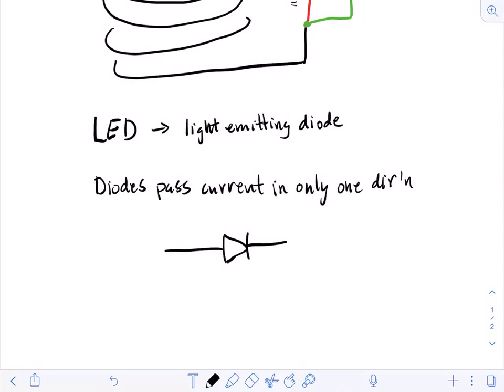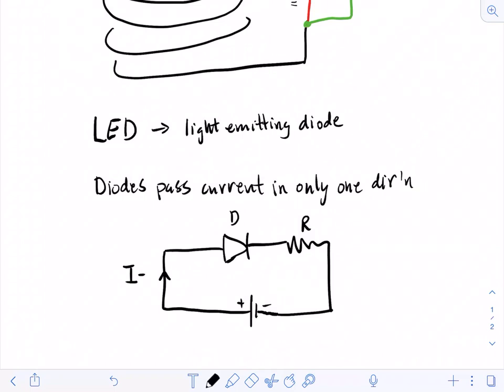So if we had a circuit where we take the positive terminal and the negative terminal of a battery, and then we have a resistor and a diode, in this situation we would get a current that's not equal to zero. The diode is kind of like an arrow, pointing in the direction that allows current to flow.